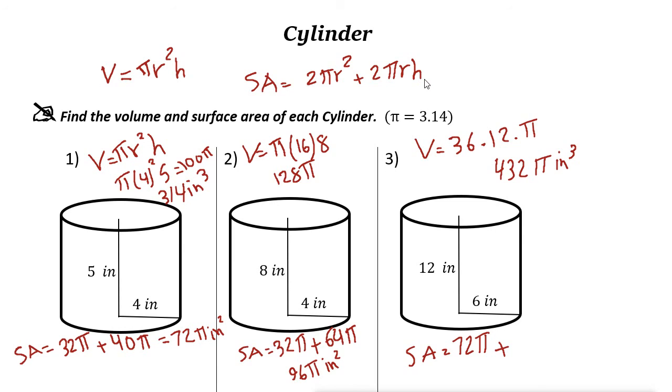R times h, 6 times 12 is 72, times 2 is 144. So it is 144 pi. Now, 144 pi plus 72 pi is 216 pi. So the answer is 216 pi square inches.